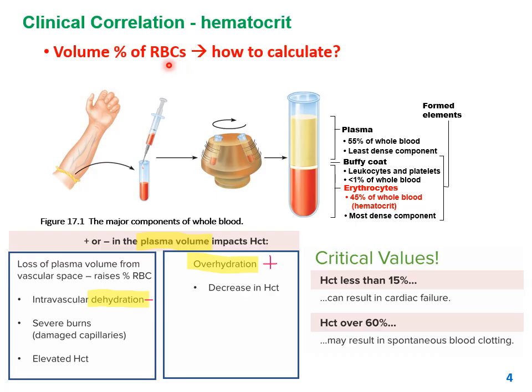Percentage in volume of your red blood cells. Then how do you calculate this? You put your blood in a test tube, you centrifuge, and then you're going to have this separation. Now you look at the entire volume, and then you look at the volume that has the red blood cells, and you do the comparison of how much of this red blood cell volume is in relation to the entire volume.